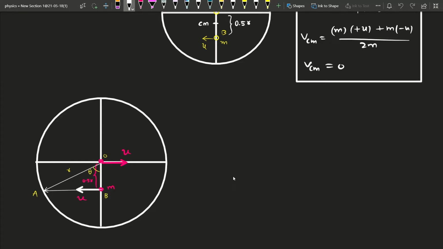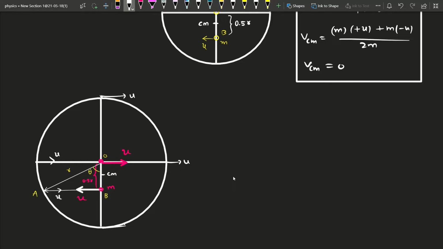This is the point where the center of mass is located, and of course its velocity is 0. The situation is very clear. The point A on the ring will also move towards the right with the velocity u, because every point on the ring will move with the same velocity u. We have to notice that point.